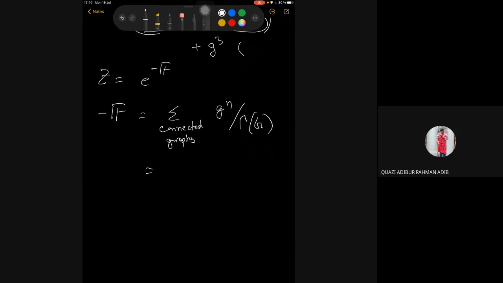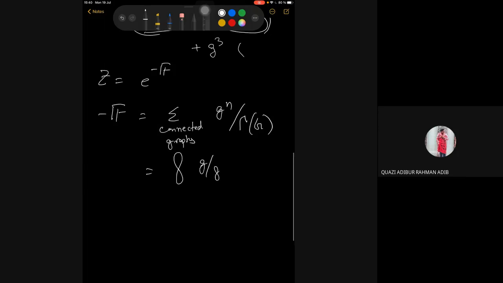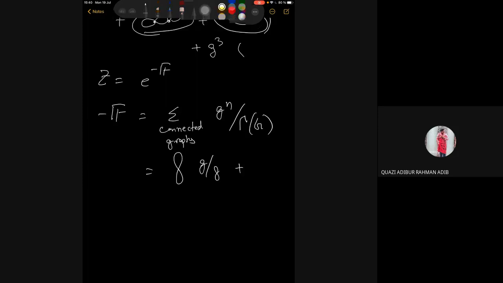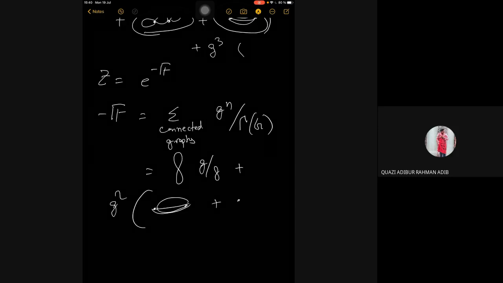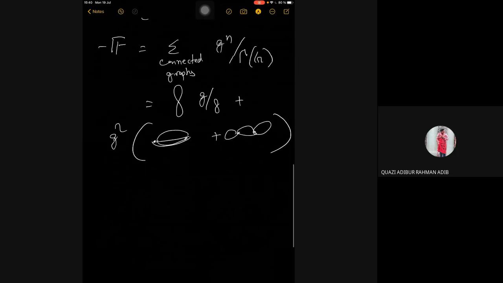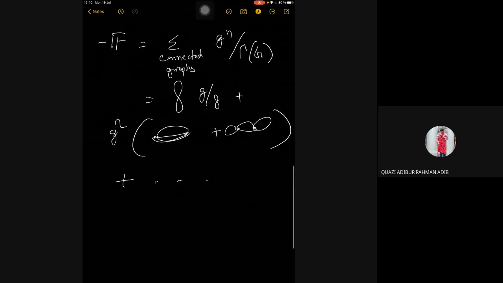Minus F, minus is just for convention, G/8, and so on. I claimed it, and we saw it to the second order that it holds, and I asked you to check for third order. So if you check, you can see.